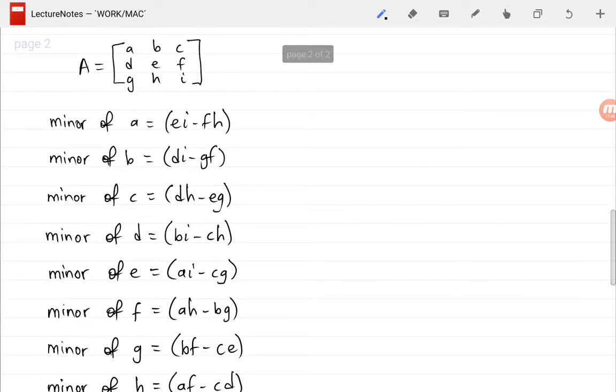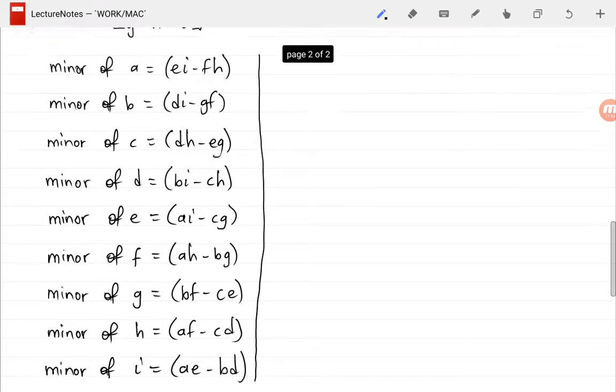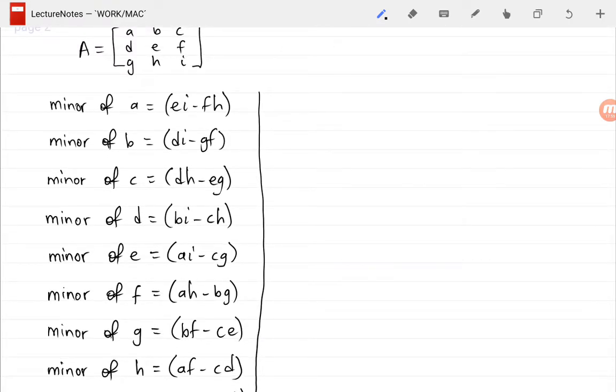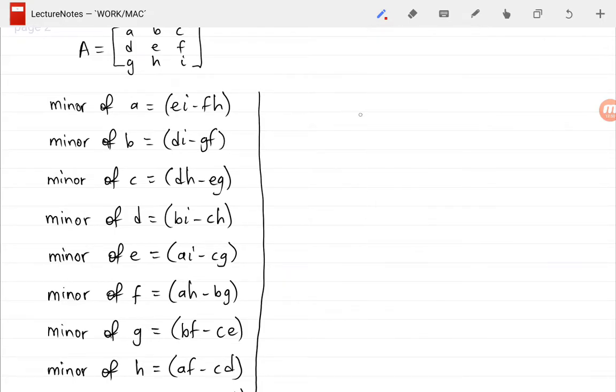So we want to put all these minors into one huge matrix. It's going to be huge now because we're using letters instead of numbers, so it's going to be a bit difficult to put them in. I'm just going to write it here in red. Matrix of minors.